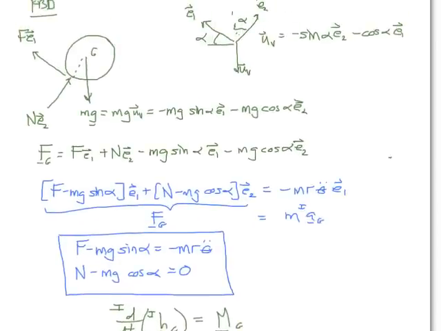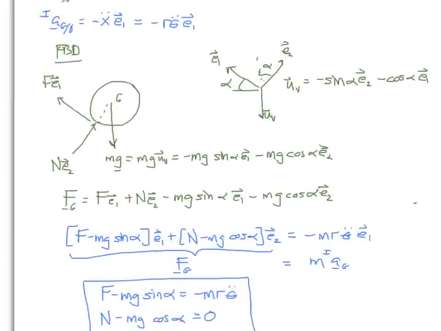So let's look at our free body diagram, and we see here that we have three forces. We have our friction force, we have our normal force, and we have the force due to gravity. And so we're calculating the moment about G, and we see that the normal force and the force due to gravity have a line of action through G. So it means the only force here that's going to create a moment about the center of mass is the friction force.